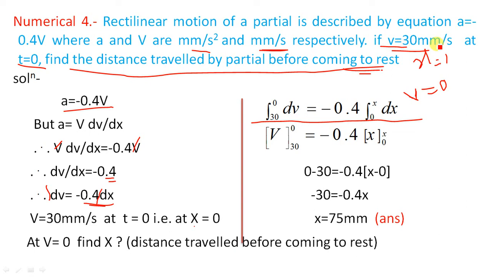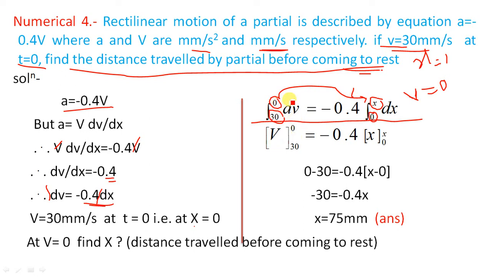If v is 30 mm per second at t is equal to 0, you know that x is also 0. So when v is equal to 30 mm per second, x is 0, and when v is equal to 0, we have to find out the value of x.